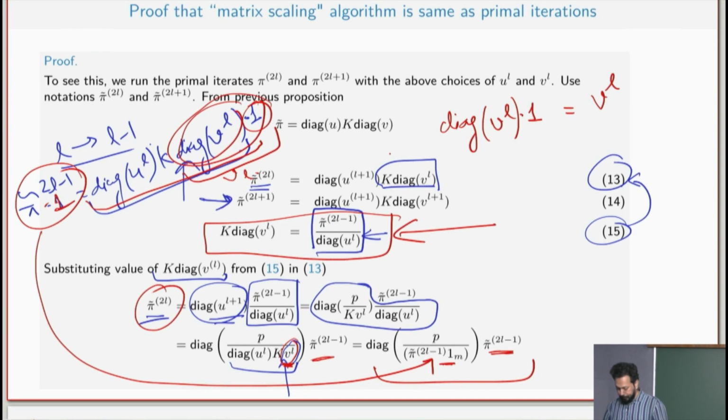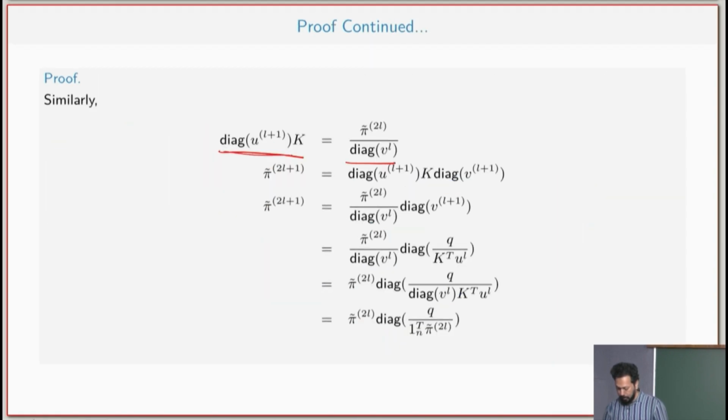So here it's k diag vl and there it's diag uk. We start in the same way and do similar manipulations. There was a point where we have to use the way we do the updates for UL, and that's a point we have to be careful about.